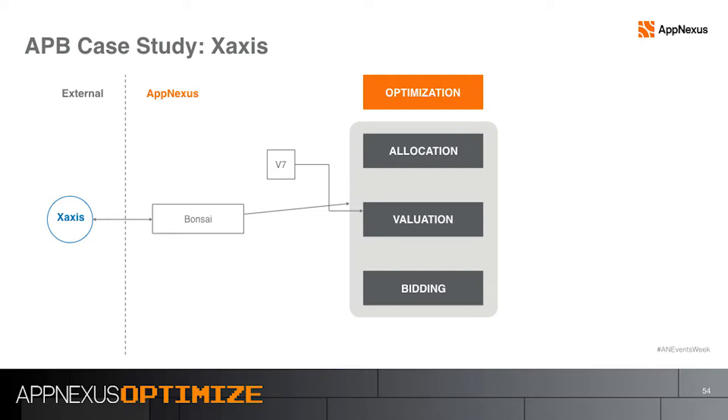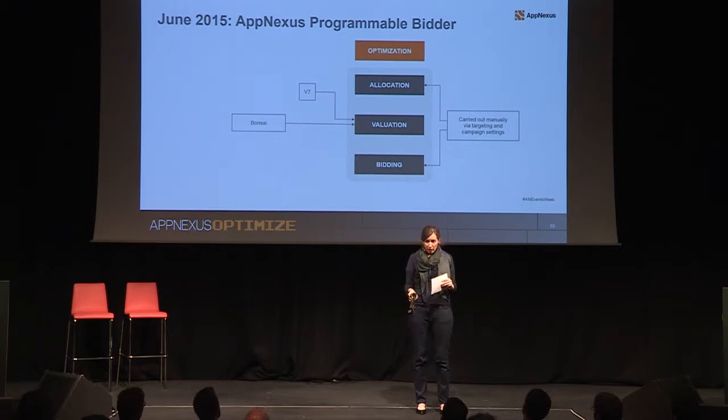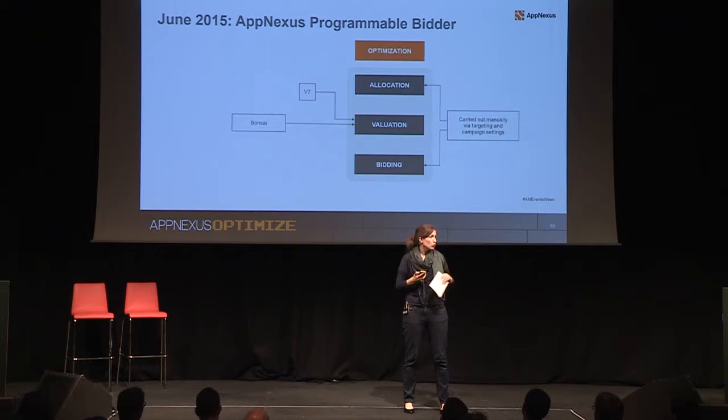So this was the first truly programmable functionality in our platform. Now, one year later, over 20 different companies have used APB successfully to enhance their performance buying. As of last month, over $2 million of buyer spend went through APB on our platform.